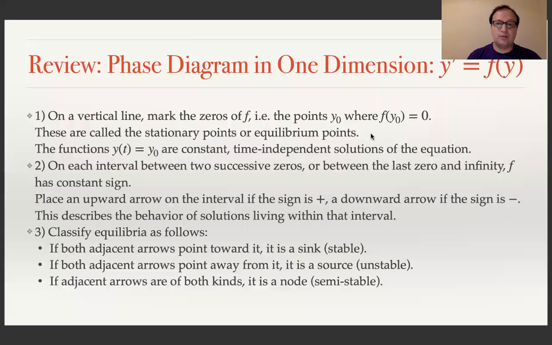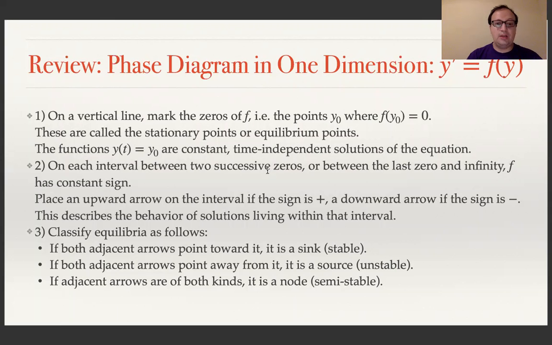Okay, so consider one interval between two stationary points, or between the last stationary point and plus infinity, or between minus infinity and the first stationary point. So stationary points are zeros of f.